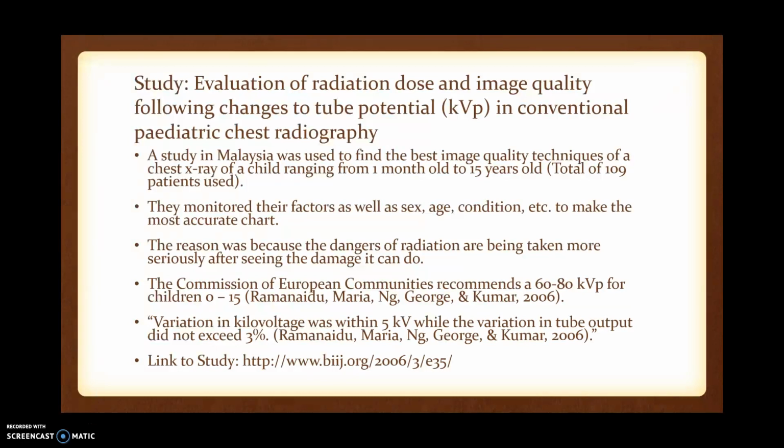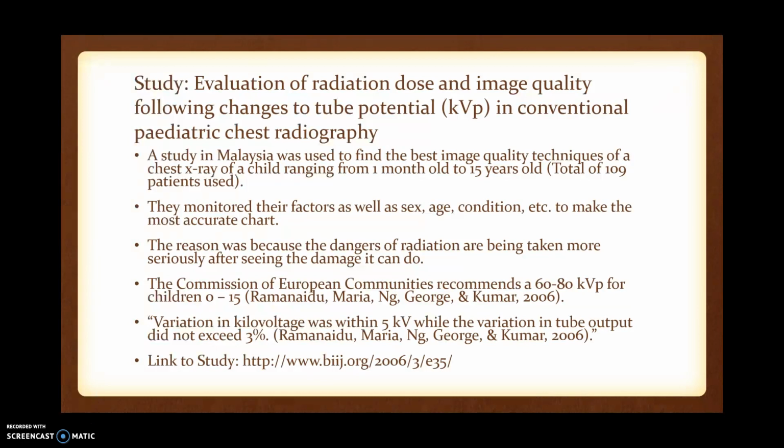And the reason why the study was started was because the dangers of radiation were finally starting to come into people's attention, really. It was that radiation can harm the body in such a way that it can prove devastating.